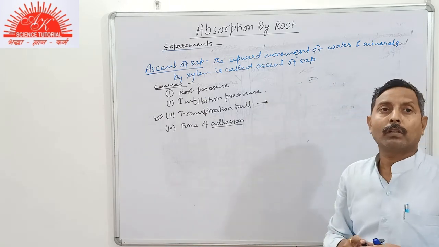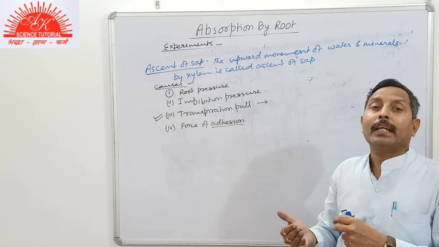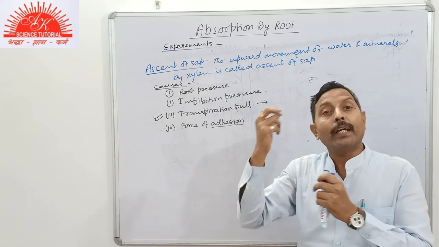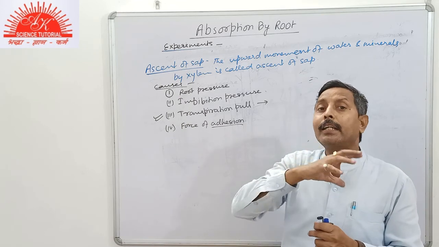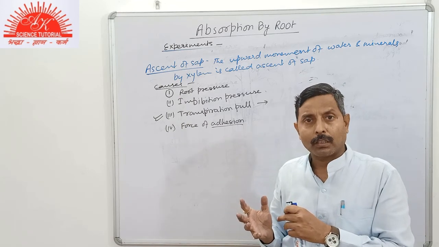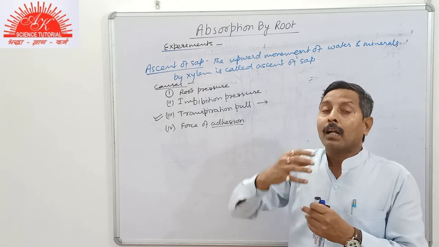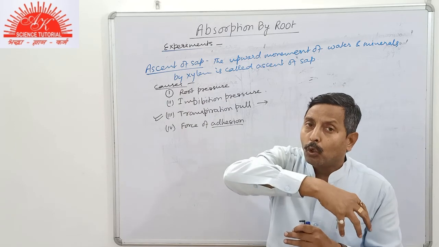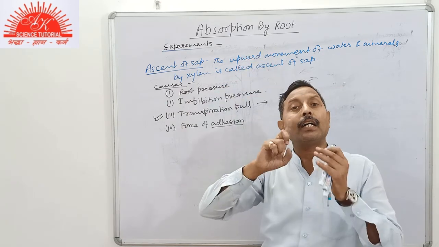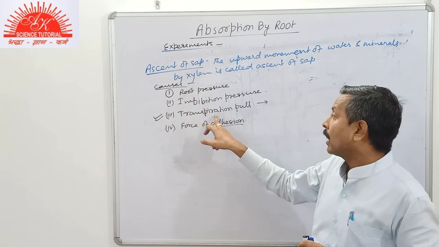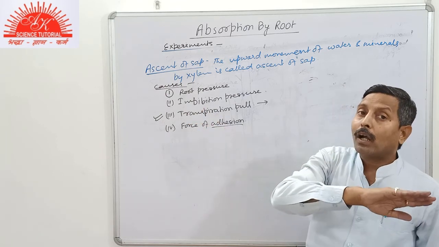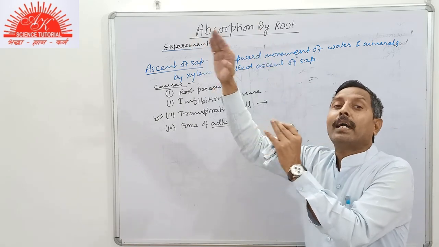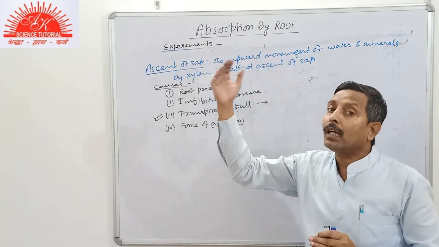What is transpiration pull? When water evaporates from the aerial part of the plants, then due to the force of cohesion, that is the intermolecular force of attraction, the water evaporating from the aerial part pulls the lower molecules of water, creating a suction force that is called transpiration pull, due to which water absorbed by the root will be continuously moving through the xylem vessel up to the leaves.